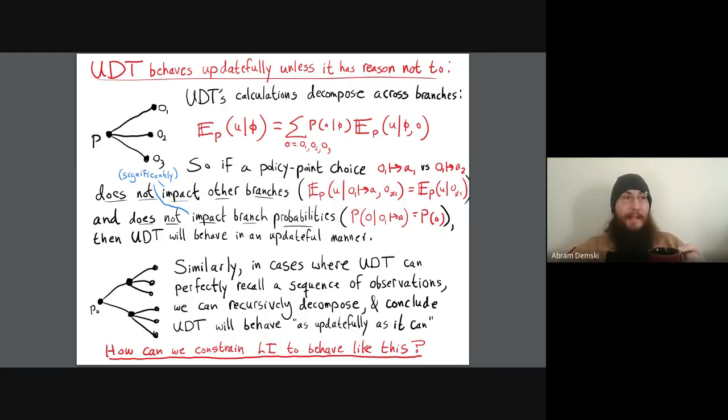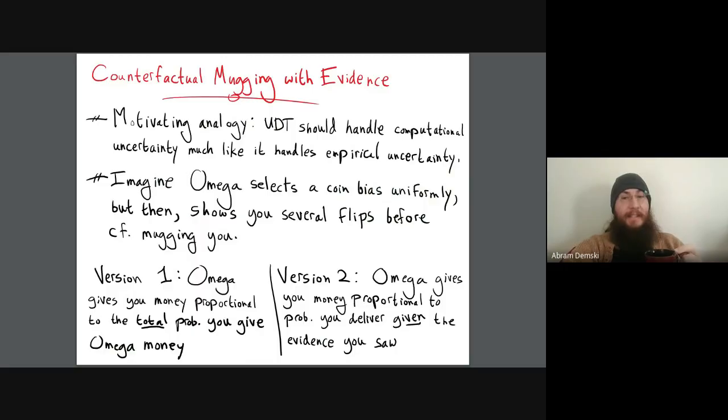Yeah, so the last slide last time, if I recall correctly, was counterfactual mugging with evidence. And the point that I was making there is that UDT can behave updatefully in certain cases when it's appropriate to do so, and furthermore can behave partially updatefully, like act as if it had updated on some information but not other.